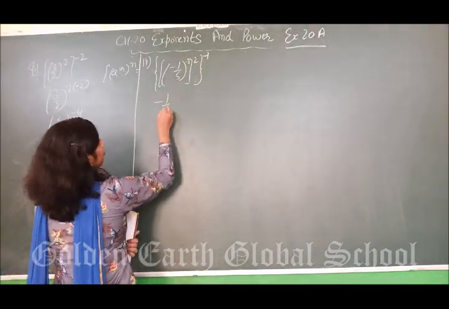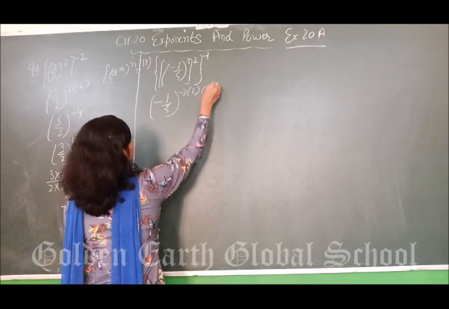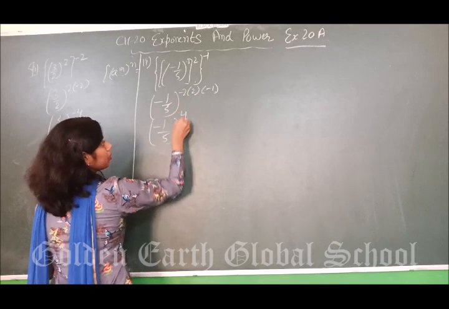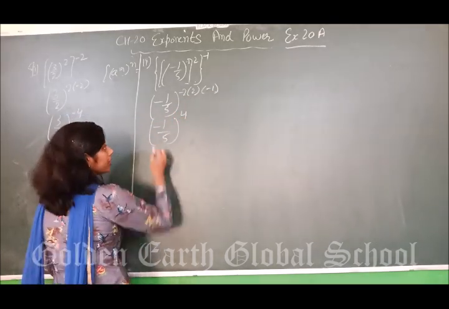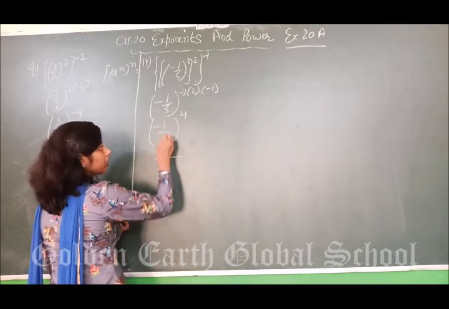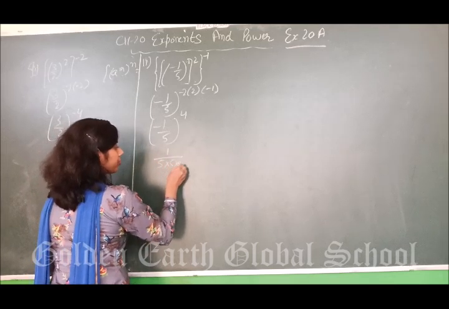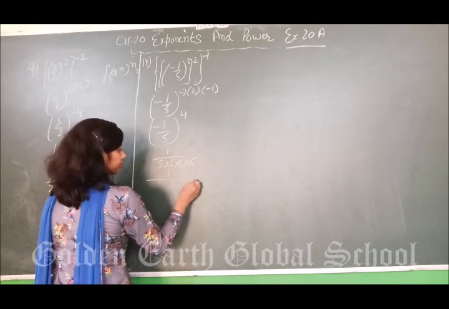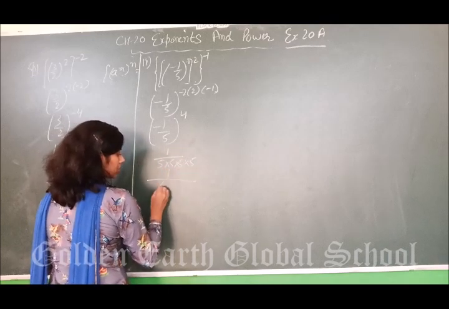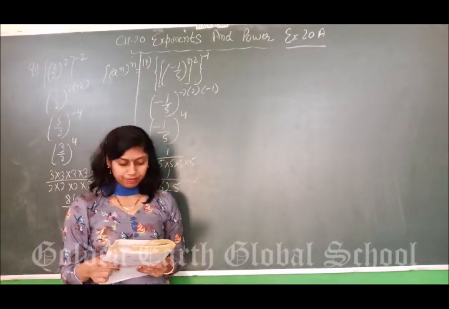Minus 1 by 5 raised to power minus 2 into 2 into minus 1. So it will become plus 4. Now simplify. Minus raised to power 4 is plus, 1 raised to power 4 is 1, 5 raised to power 4 is 5 into 5 into 5 into 5. 5 5 is 25, 25 5 is 125, 125 into 5 is 625. So this is your answer, 1 upon 625.